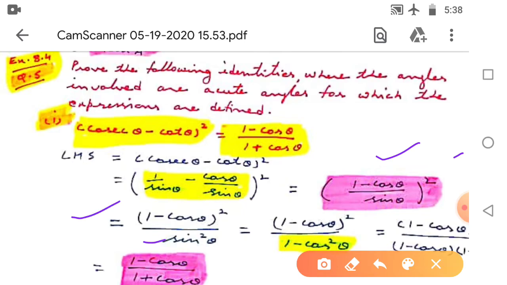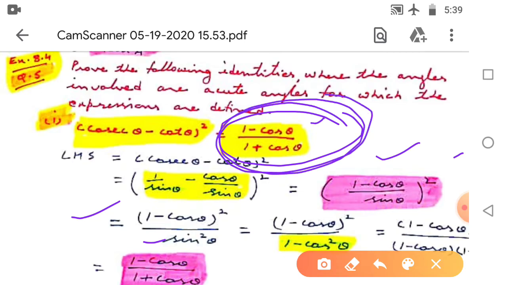Now look, I told you, you have to keep the RHS in your mind. The right hand side of the given question is 1 minus cos theta upon 1 plus cos theta. So here in the numerator we have 1 minus cos theta whole square.